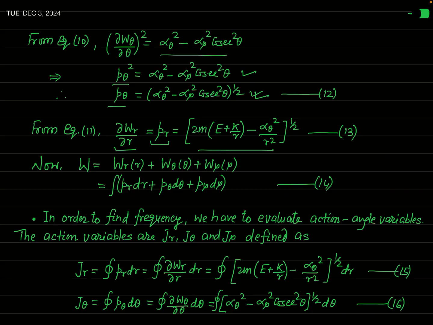Now after getting this result, we can easily find the action variables. How can we find the action variable? Let us see. You have seen earlier that W is equal to Wr of r plus Wθ of θ plus Wφ of φ.